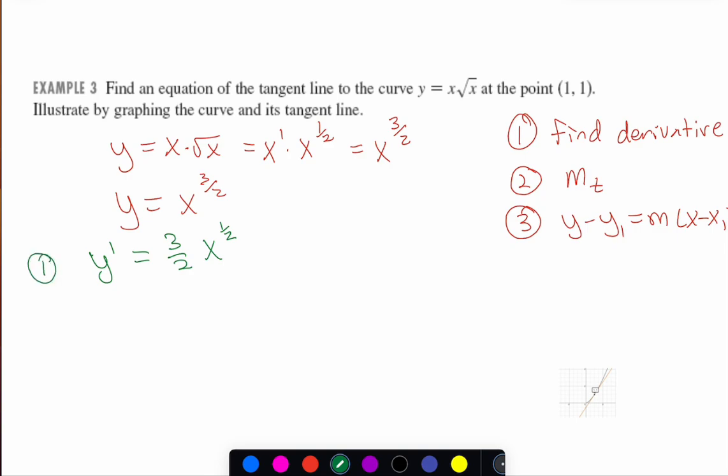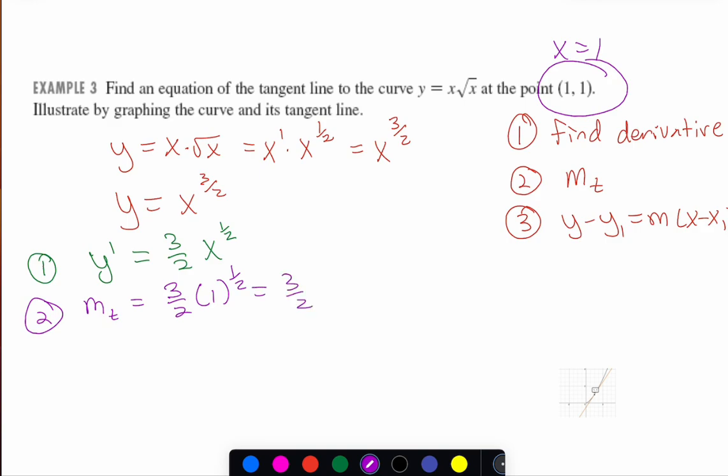I found my derivative. Step 2 says to find the slope of the tangent. Now, we're finding the slope of the tangent, excuse me, when x is equal to 1. So we get to just plug in 1. 1 to any power is still 1, so the slope of our tangent is 3/2.